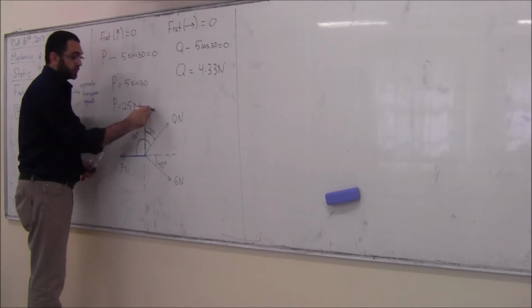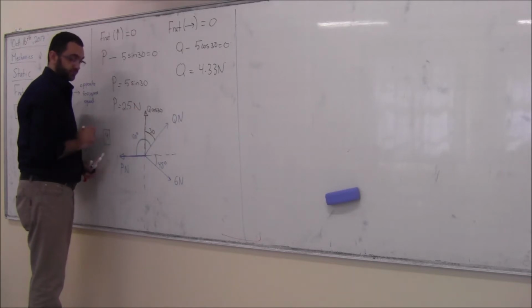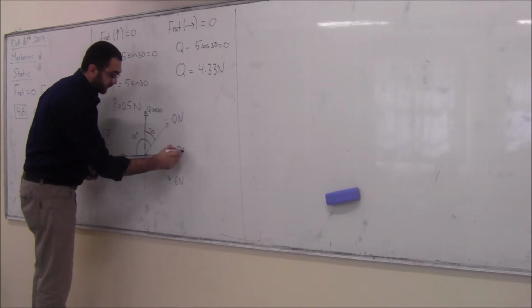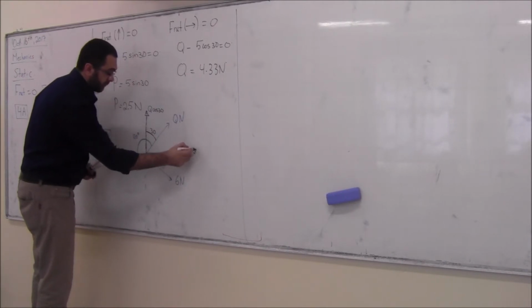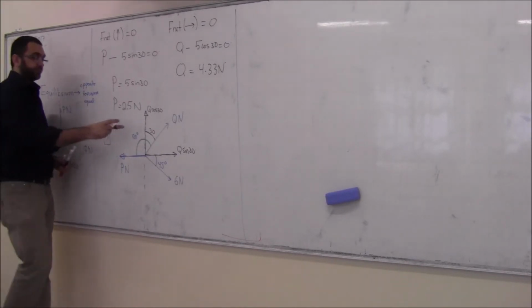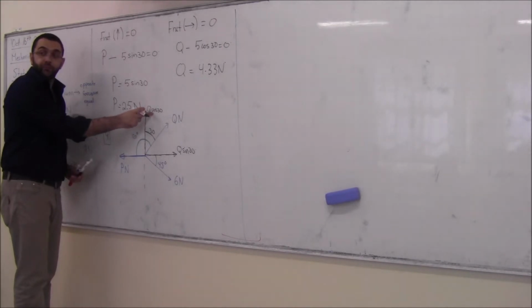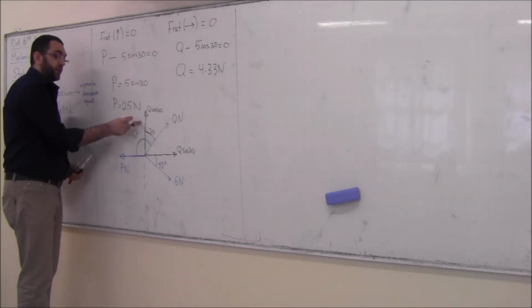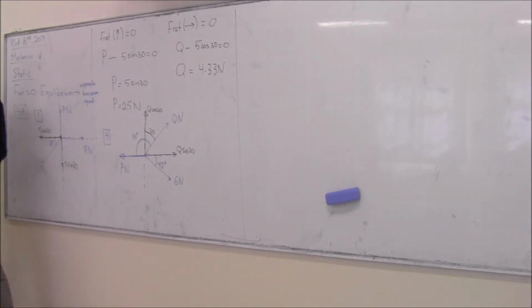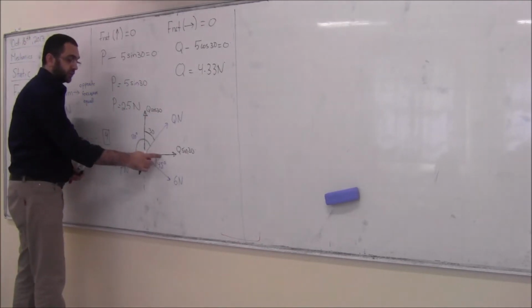Q cosine 30, and here Q sine 30, right? Look here, 30 is given with the vertical component, right? 30 is given with the vertical component. So Q cosine 30, Q sine 30.